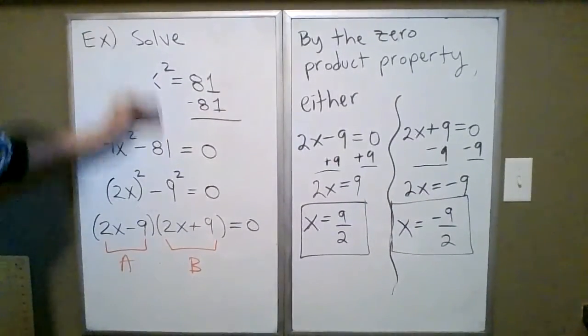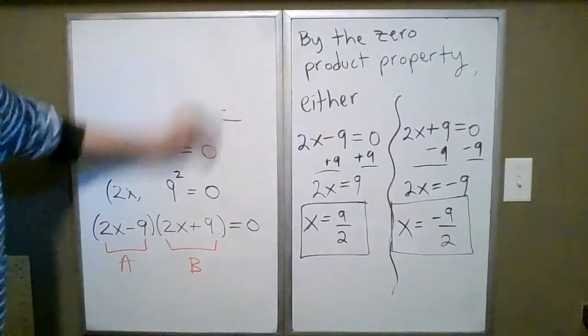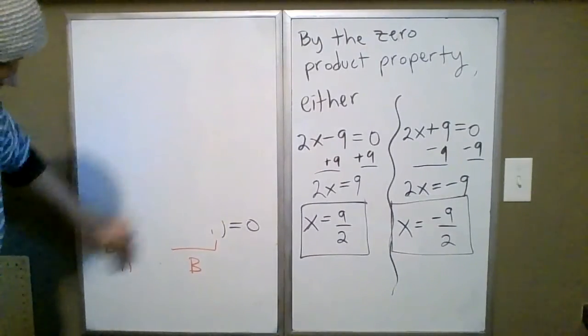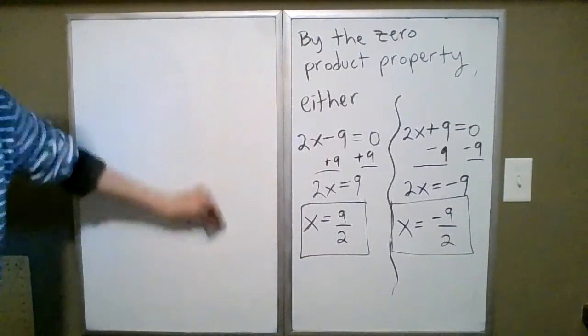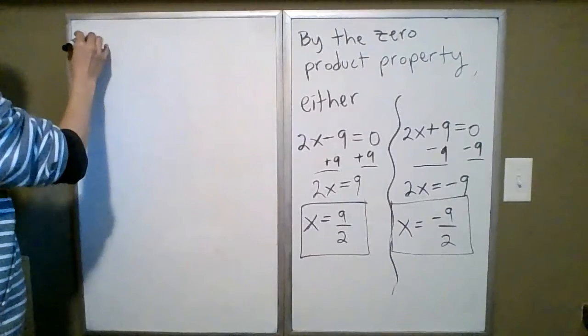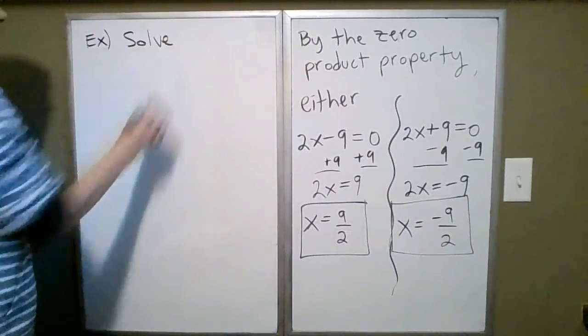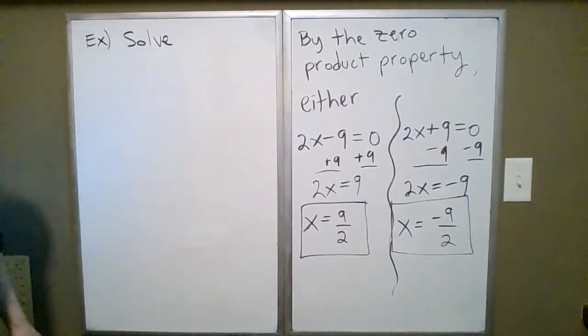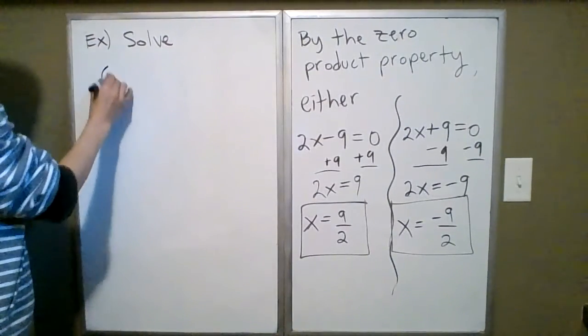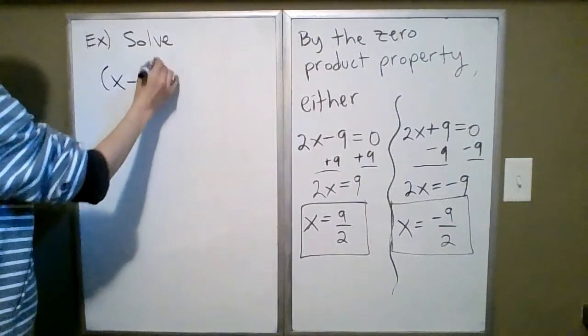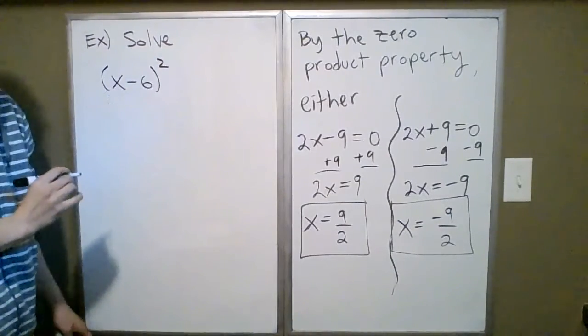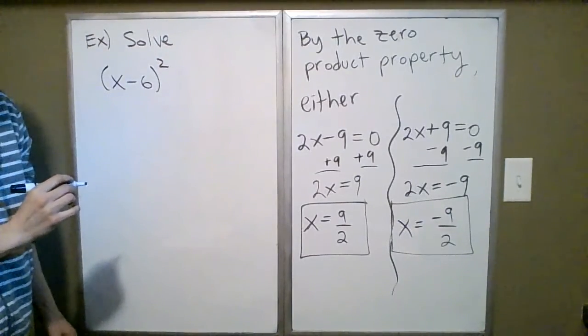Pretty sure we have time for one more example. We will use x minus 6 squared, and it's equal to 6 plus 5x.